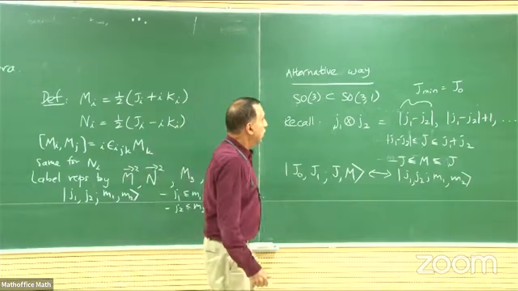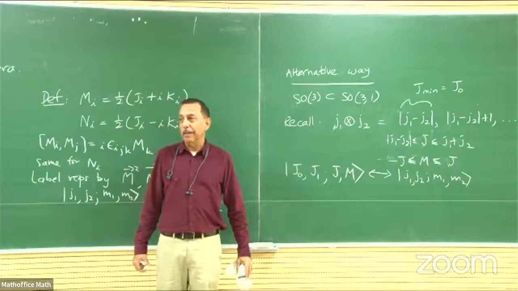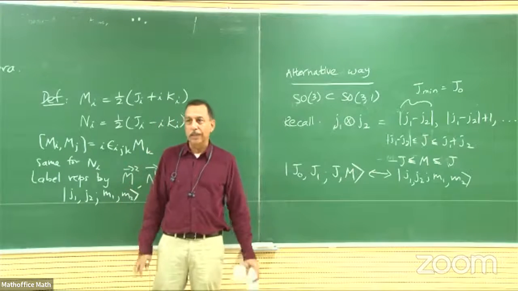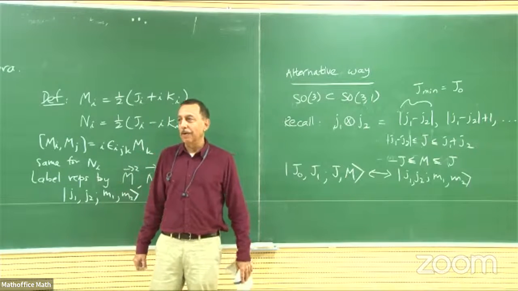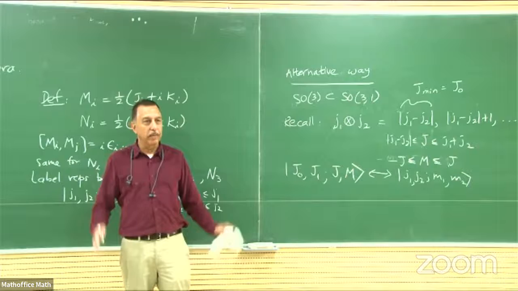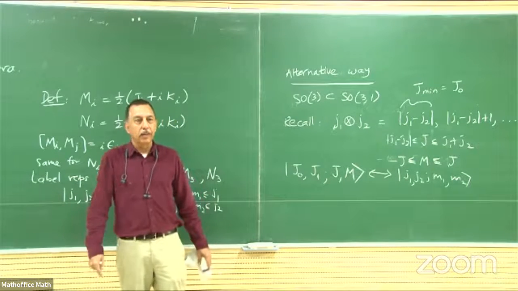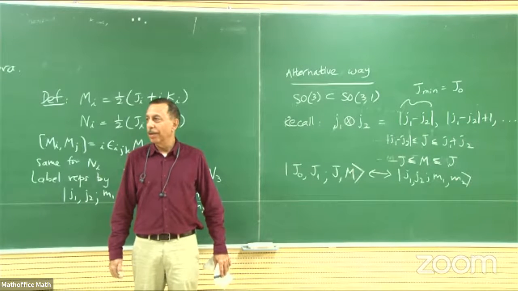Anyway, so the J of any SO3 is 0, half, 1, 3 half. This you all know by heart, I think. At least the physics students surely do, but I think even math students, you have taken first year chemistry, quantum mechanics, and second year physics, quantum mechanics, and it is drilled into you that J is 0, half, 1, 3 half, and so on. But where does it come from? Or is it just a rule?